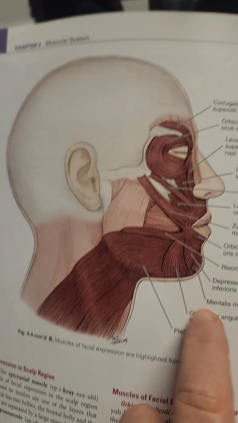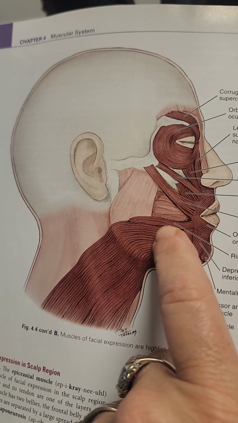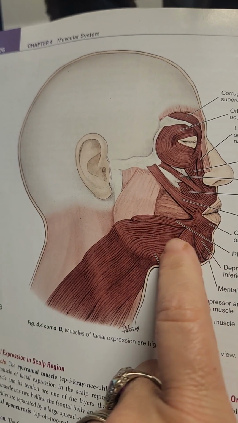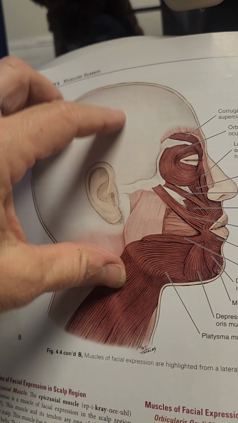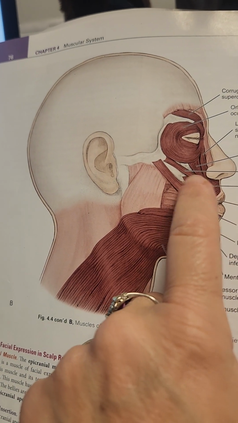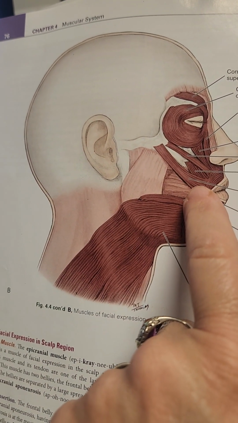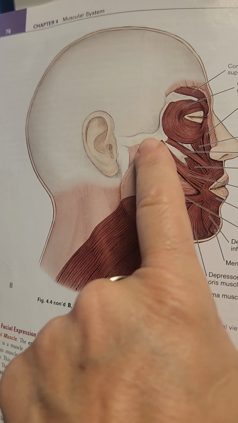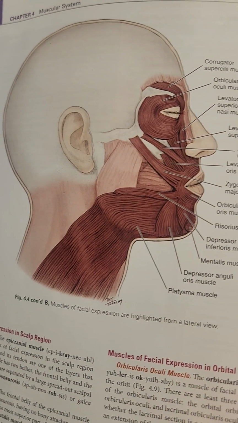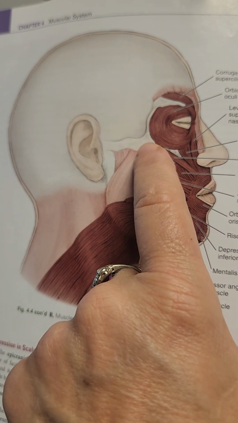We have the zygomaticus major, which is the lower one, and then the zygomaticus minor, which is the upper one. So they kind of stretch from the lip area up to the zygomatic. So both of them have an origin on the zygomatic here.